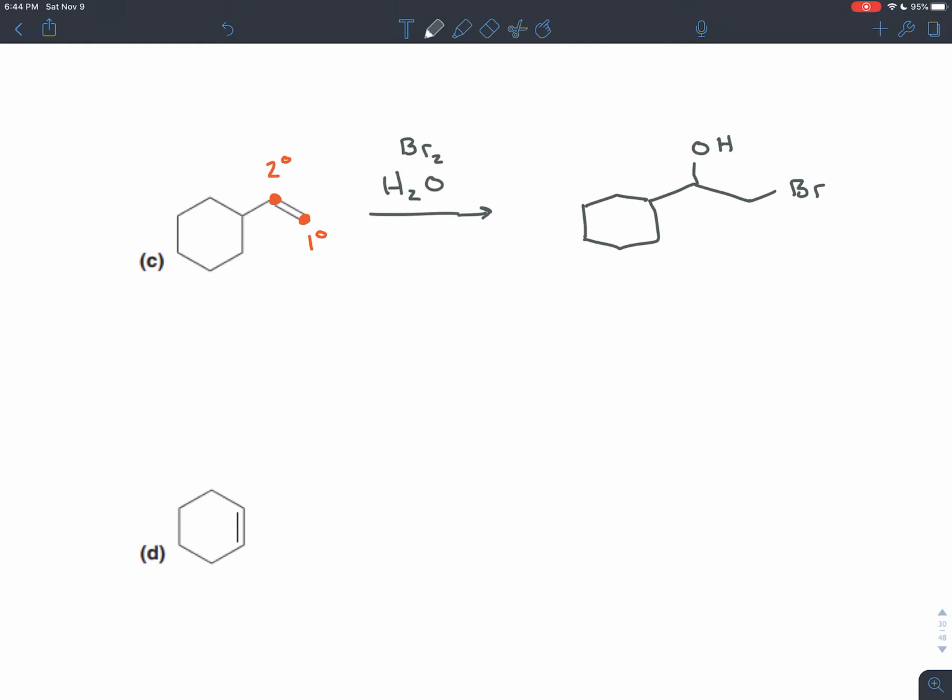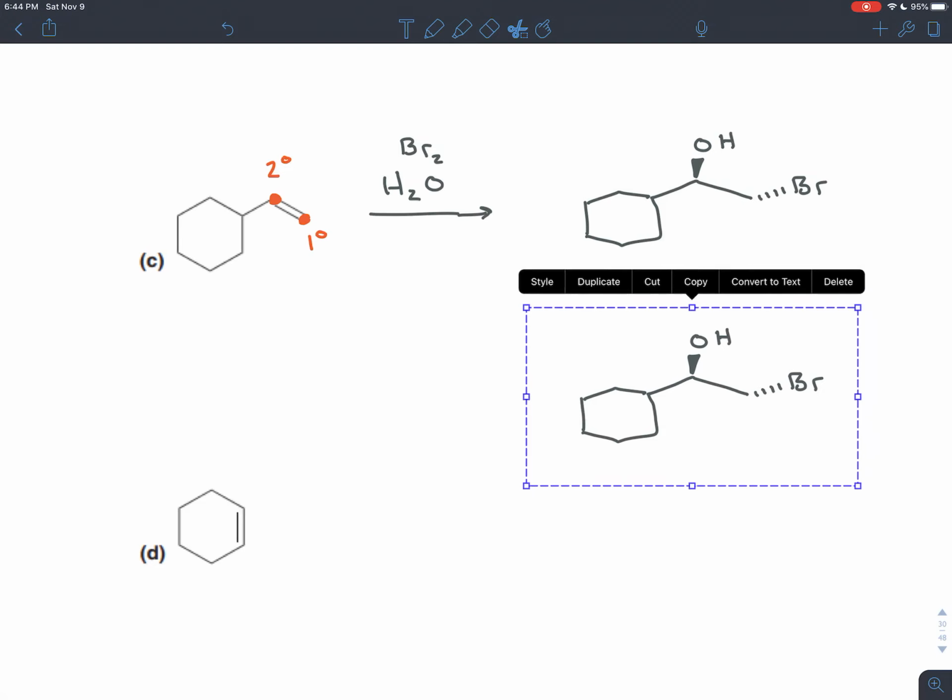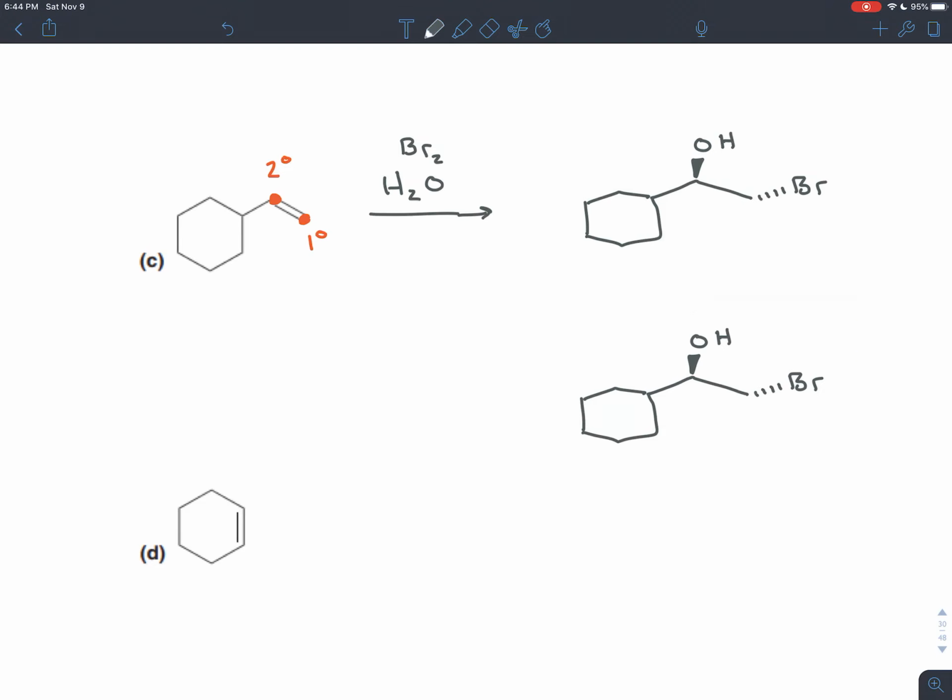Now, so far we've recognized what we're adding and where we're adding it. But then we have to think about the three-dimensional orientation, how it added. These are adding anti. So the OH, if that's coming out at us, then the Br would have to be going away. Now this is a chiral center, and there's no reason for you to get one enantiomer over another.